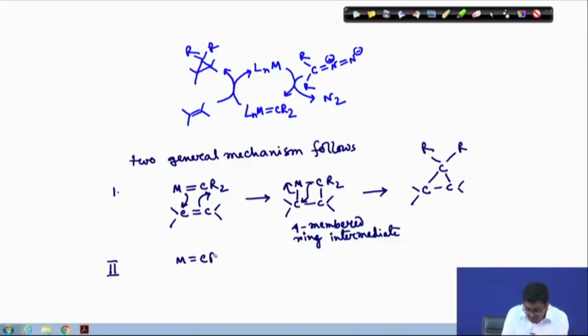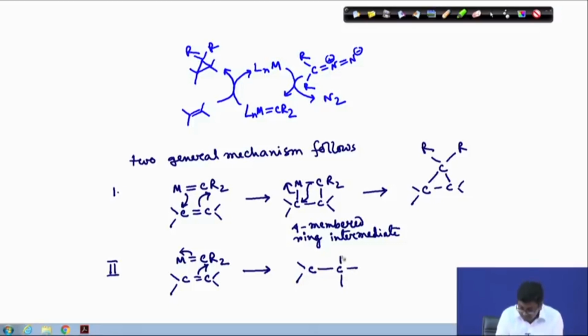So, if you have this metallocarbene, then you have this olefin. Now, this olefin can attack like a nucleophile to the electrophile, then it is having something like this.